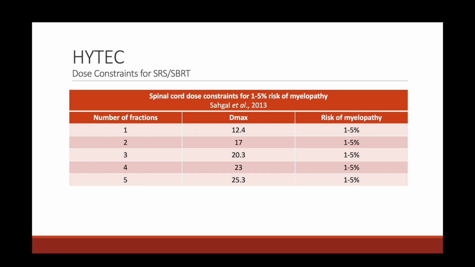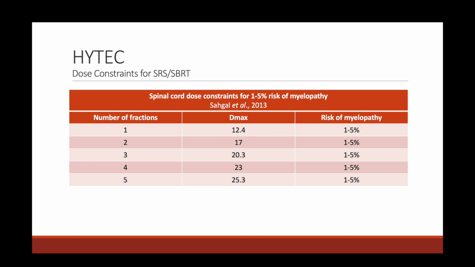So if we're just treating with 1 fraction, the spinal cord Dmax, according to Dr. Segal's paper, is 12.4 gray. If we're treating with 2 fractions, it's 17 gray, 3 fractions, 20.3 gray, 4 fractions, 23 gray, and 5 fractions, 25.3 gray.